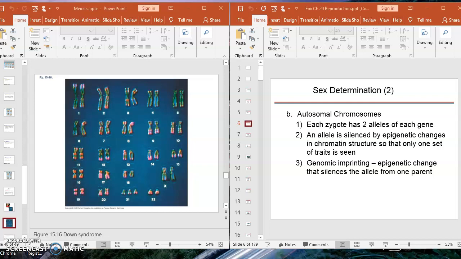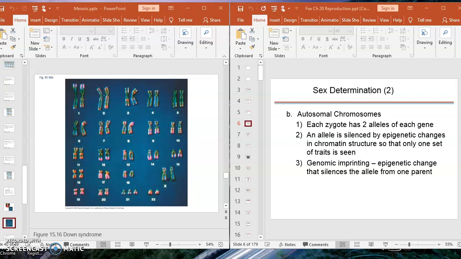So therefore, it would be only the other parent's gene that could be expressed. So if mom had blue and dad had green, and green was blocked, then only blue could be expressed, even though eye color involves a whole lot more than just one gene, to be very honest. I'm just using it as an example.